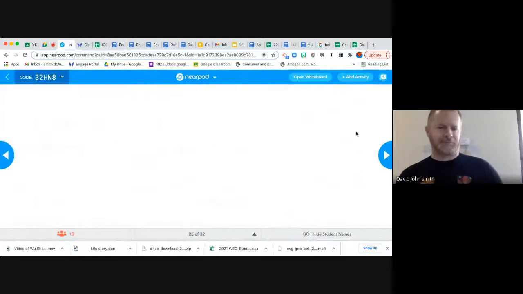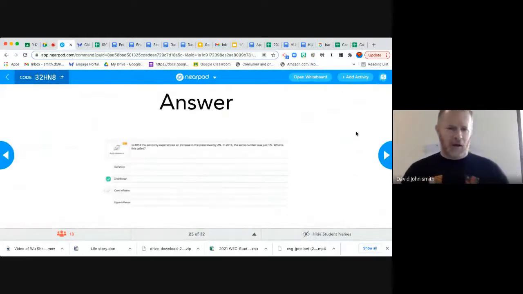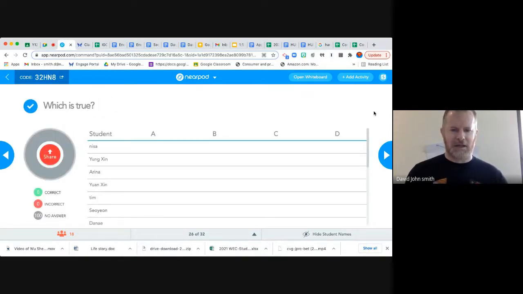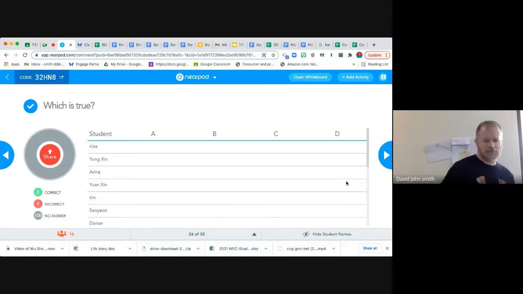Now, here's the thing. We had an increase in price level by 2%. Then the next year, 2014, the number was only 1%, so we call that disinflation. Which of these is true? A, B, C, or D? Have a go.